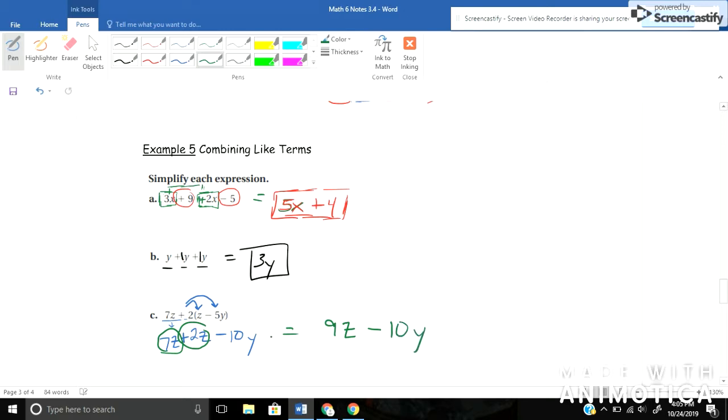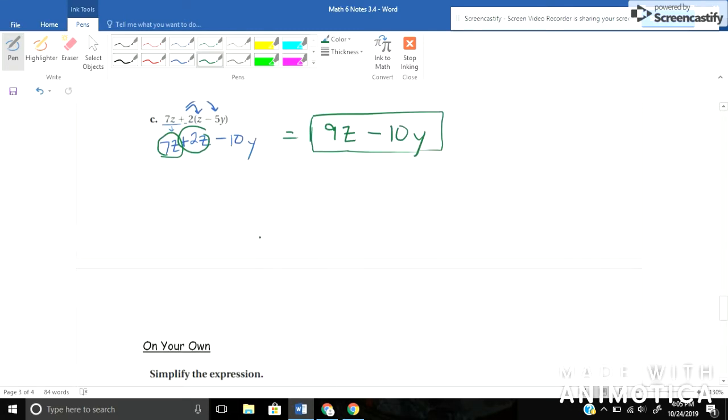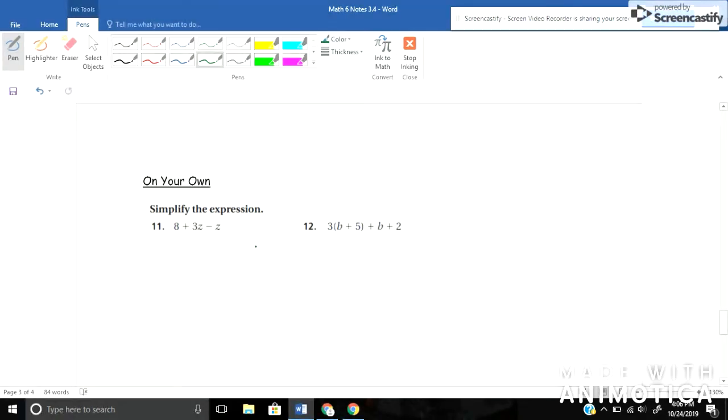You can't forget about it because that would totally change the problem. But I'll write it right next to 9z to finish my expression. Okay, so maybe it's the first time that you've seen problems like these, so don't be too intimidated by them. We'll get lots of practice with them.